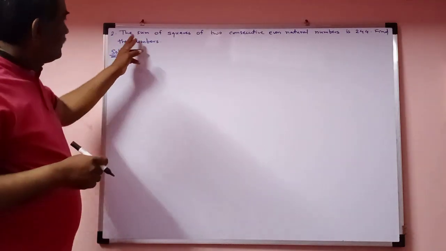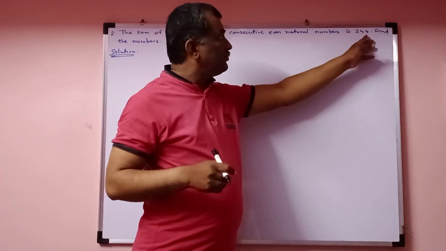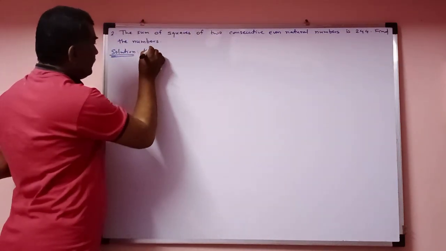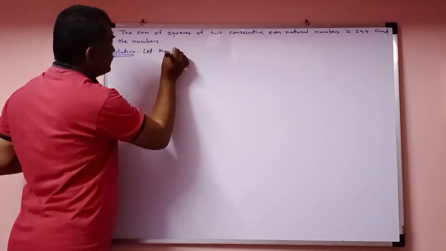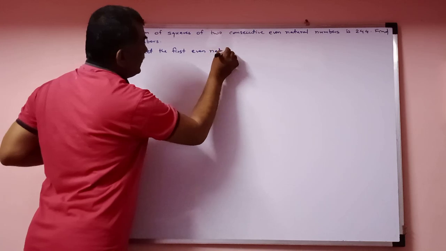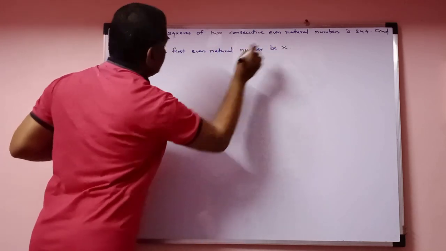Second example. The sum of squares of two consecutive even natural numbers is 244. Find the numbers. Let the first even natural number be x.